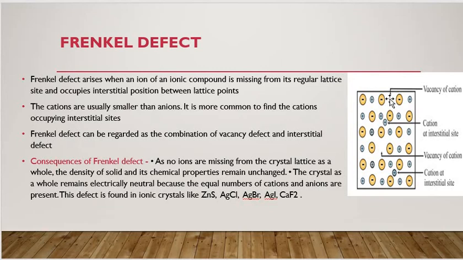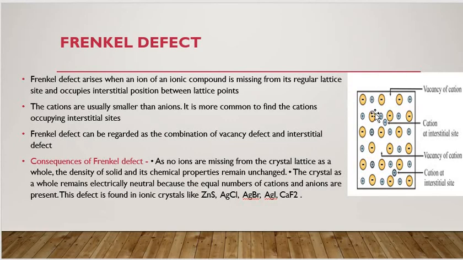The cations are usually smaller than anions during this Frenkel defect, which is why the cation occupies the interstitial site very easily. It is easier for a smaller cation to accommodate the interstitial sites or space. It is very important to note that the smaller cation is displaced from its normal site and occupies space in the interstitial space.